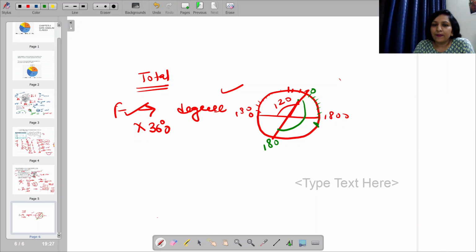Then from the center, mark a point here and that is 85 degrees. You will make 85 degrees here.